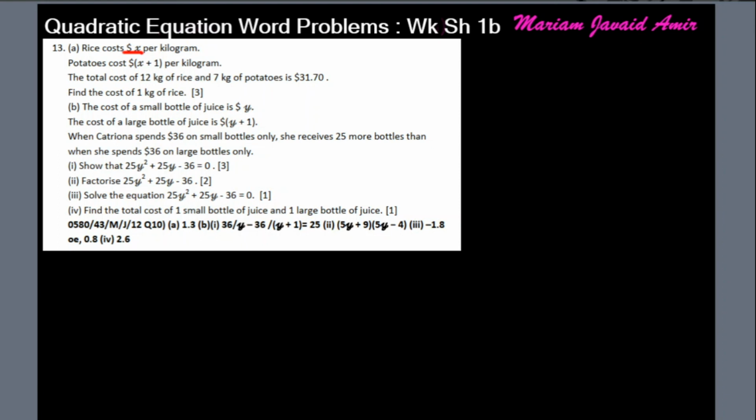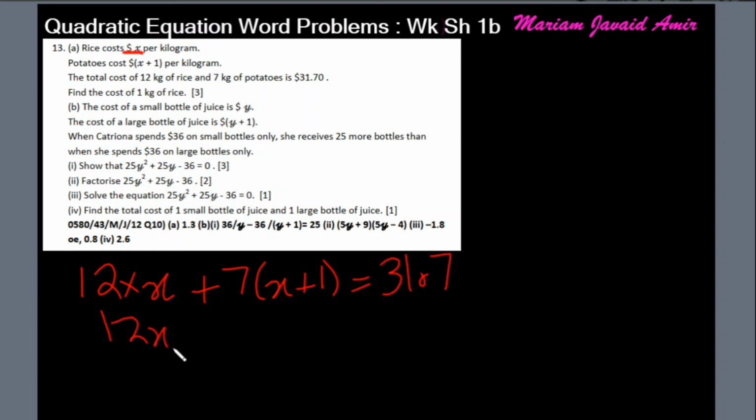First we need to make an equation in x. The total cost of 12 kg of rice, so 12 times x. 12 kg of rice will cost this much, plus 7 kgs of potatoes, so 7 times x plus 1. This equals 31.7.